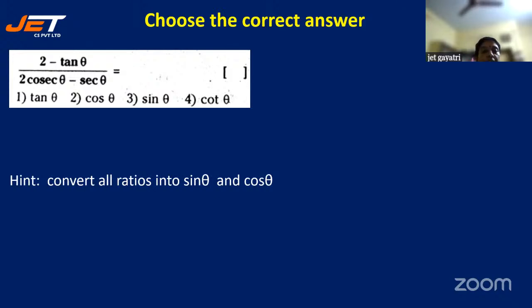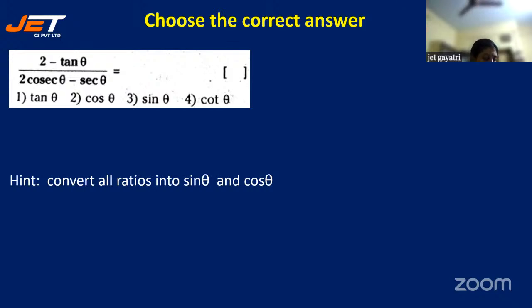In the sum, we have 2 minus tan theta by 2 cosecant theta minus secant theta. All right. So, 4 options are given. Is it tan theta? Is it cos theta? Is it sin theta? Or is it cot theta?